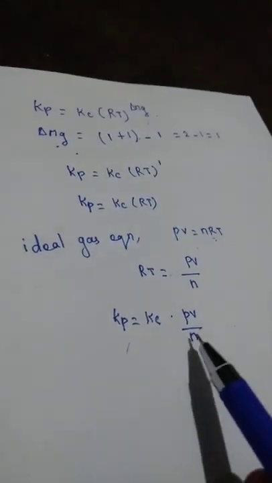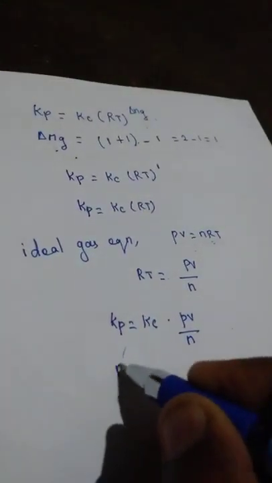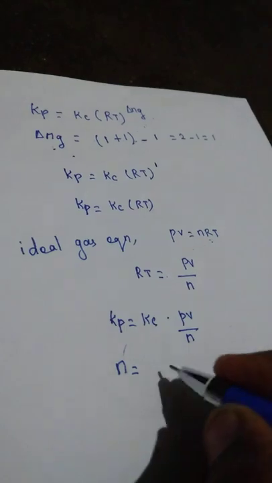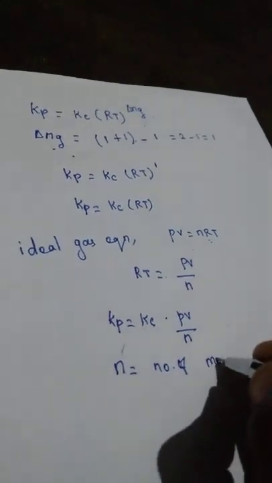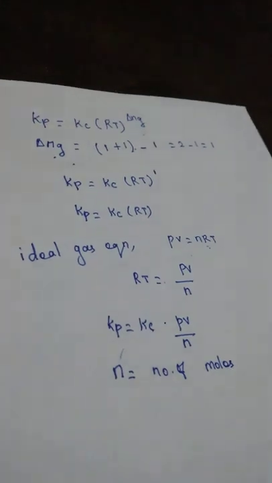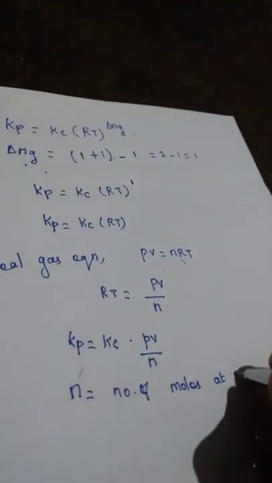Now we can calculate this N value. N means total number of moles of reactants and products at equilibrium.